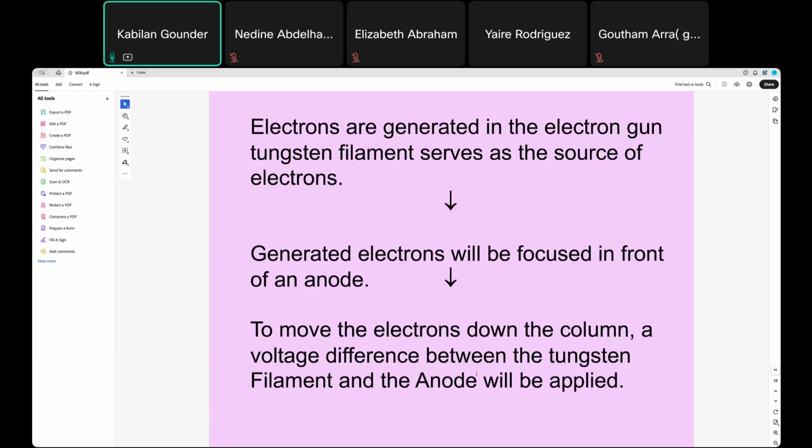To move the electrons down the column, the voltage difference between the tungsten filament and the anode is applied. Based on that, you determine how many electrons strike the sample.